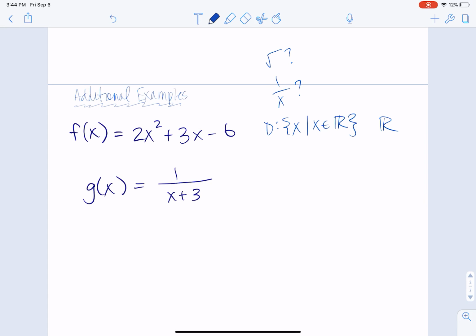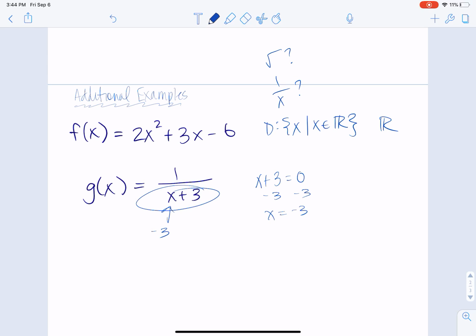Looking here at g of x, going back to my big two questions, do I have a square root here? I do not. Do I have a variable in the denominator? I do. So I want to think to myself, what could I plug in for this x here that would make that denominator 0? So I say, okay, x plus 3 equals 0. Subtract 3 from both sides, x is equal to -3.